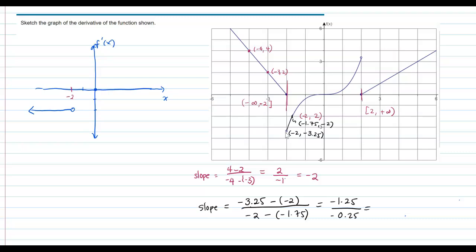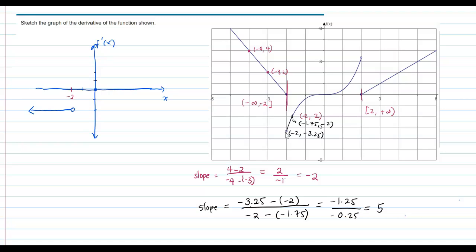So let's divide that. That should be positive. Negative 1.25 divided by negative 0.25 is approximately 5. So that means we would have to start at y equals 5. So when x is equal to negative 2, f prime of x is 5.